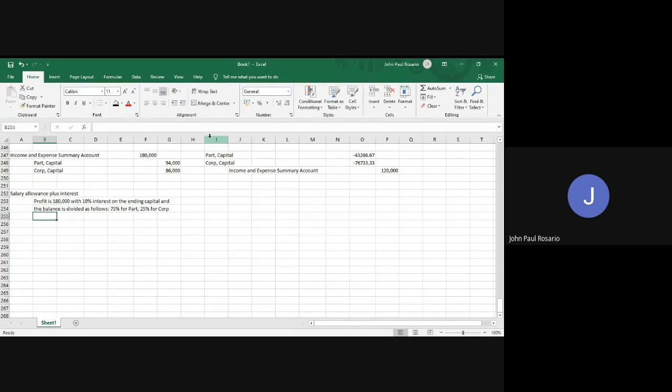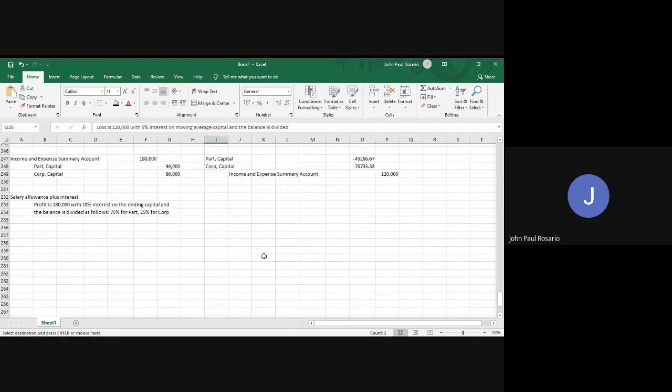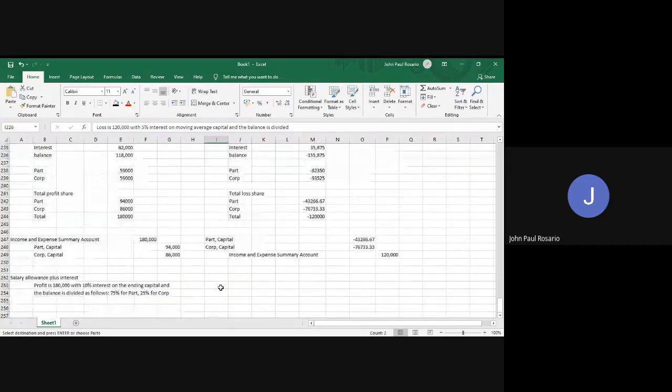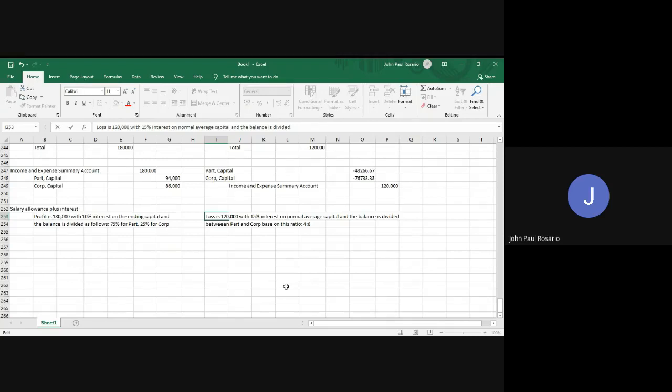And then, kung loss naman, loss naman, 15% interest on moving average capital. The balance is divided in part and corp as follows. Two-fifths, three-fifths.